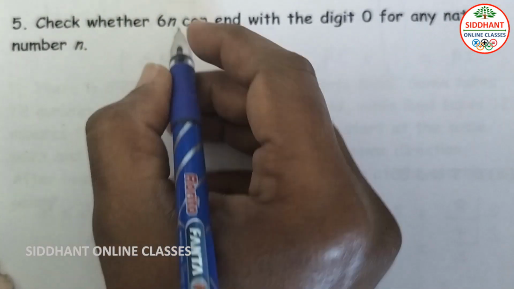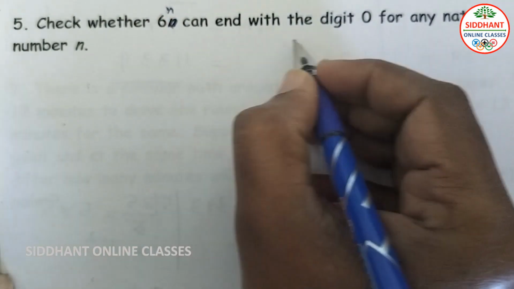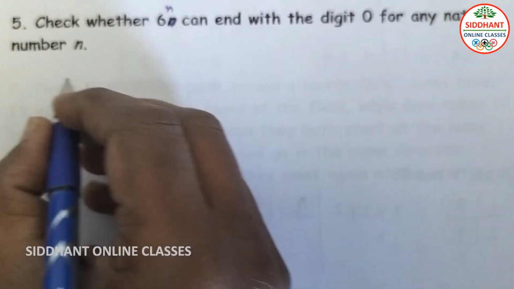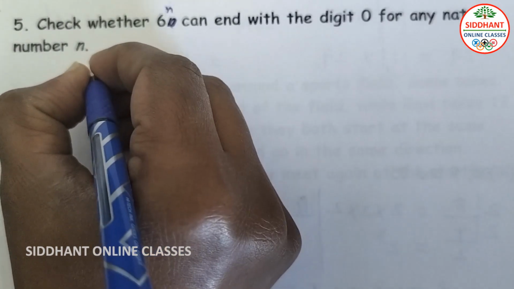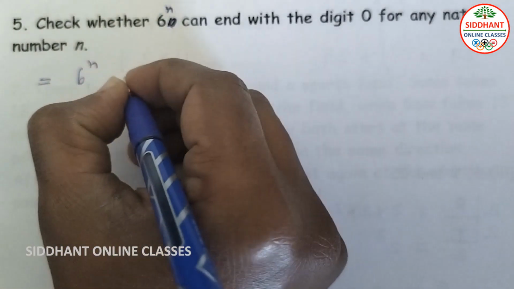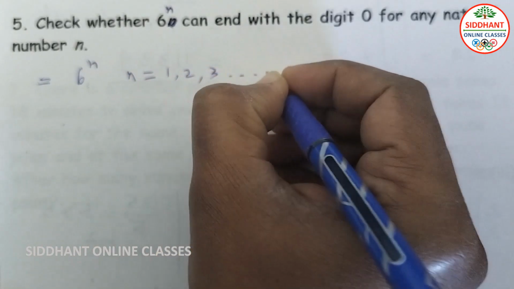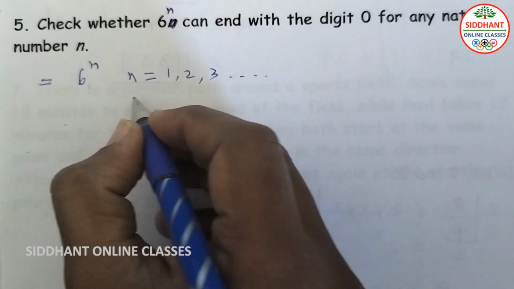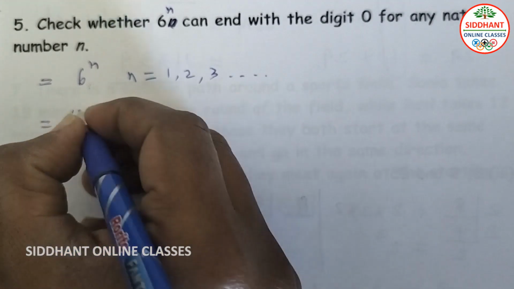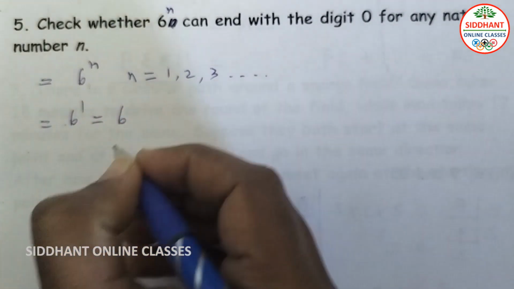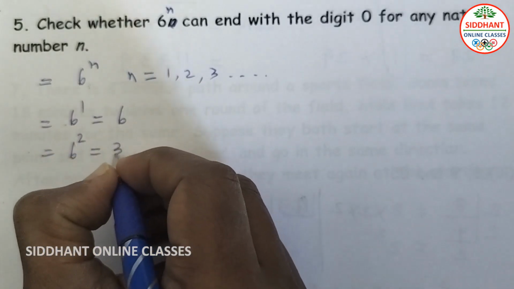Check whether 6 to the power of n can end with the digit 0 for any natural number n. So n can be 1, 2, 3, and so on, that means any natural number. If it is 6 to the power of 1, the answer will be 6. If it is 6 to the power of 2, the answer will be 36.